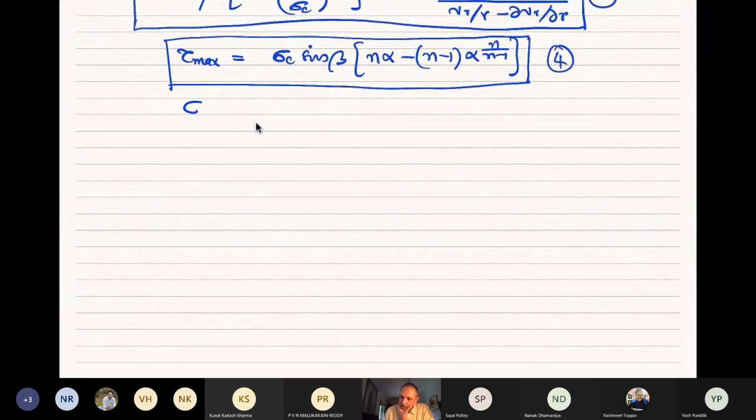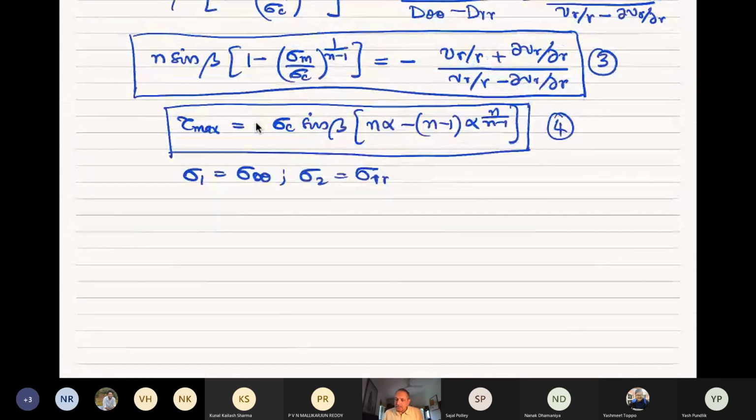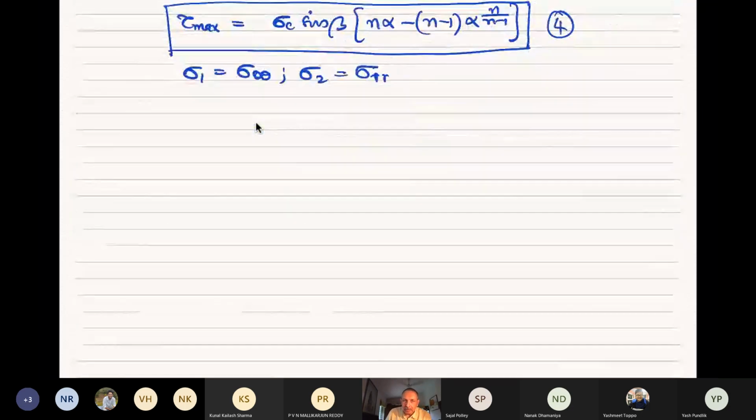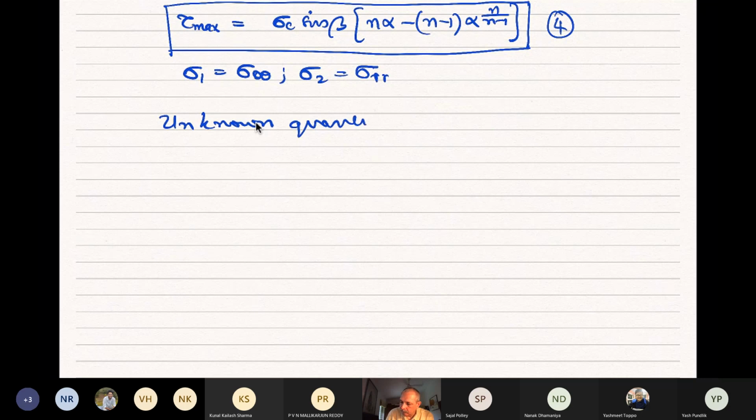Of course, we know that sigma 1 is equal to sigma theta theta, and sigma 2 is equal to sigma rr. So if you look at the unknown quantities in terms of the original variables, they are Vr, sigma theta theta, sigma rr, and the density. So there are 4 unknowns and 4 equations.